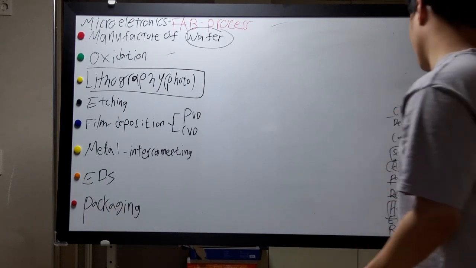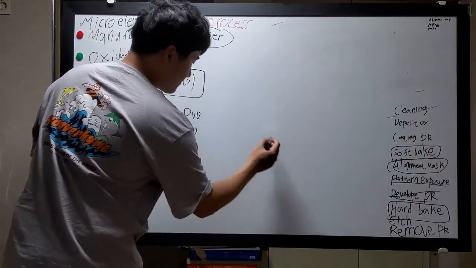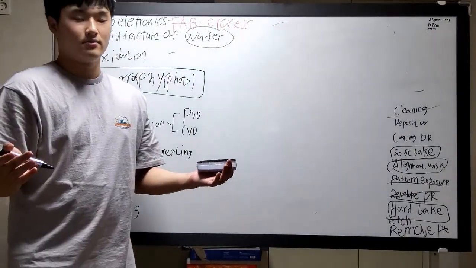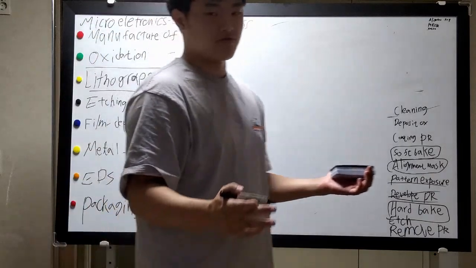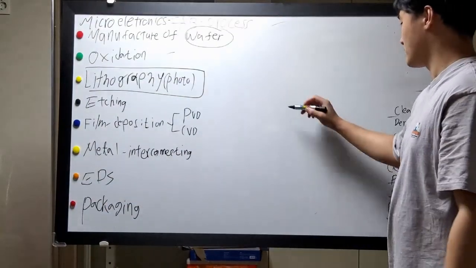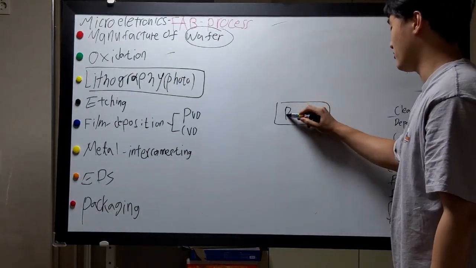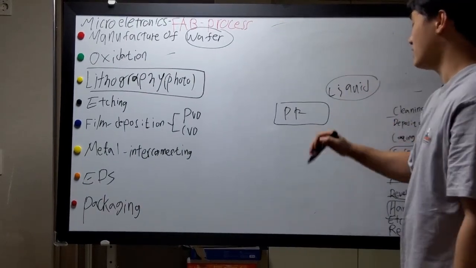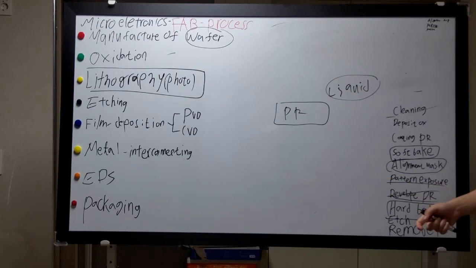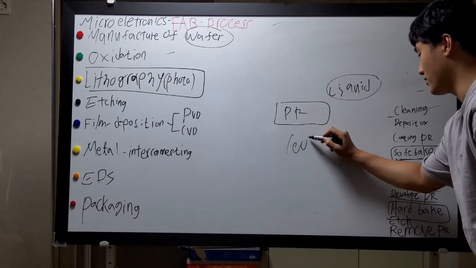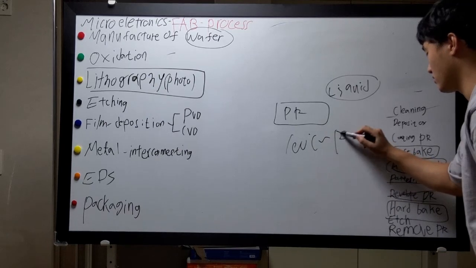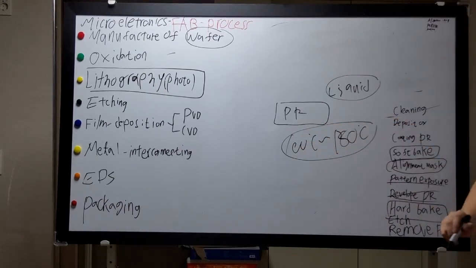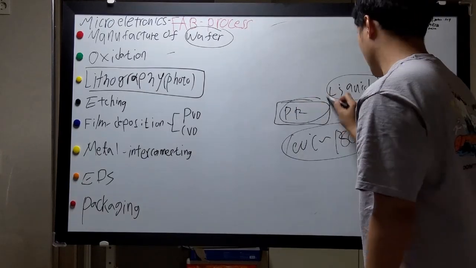Anyway, the hard bake process will be somewhat hardening the patterns we just made. I said the PR is somewhat liquid, so after hard baking, maybe at 180 degrees Celsius, the photoresist will harden.